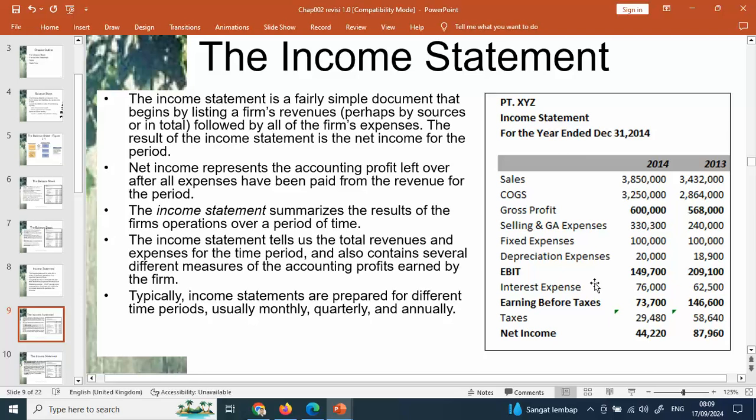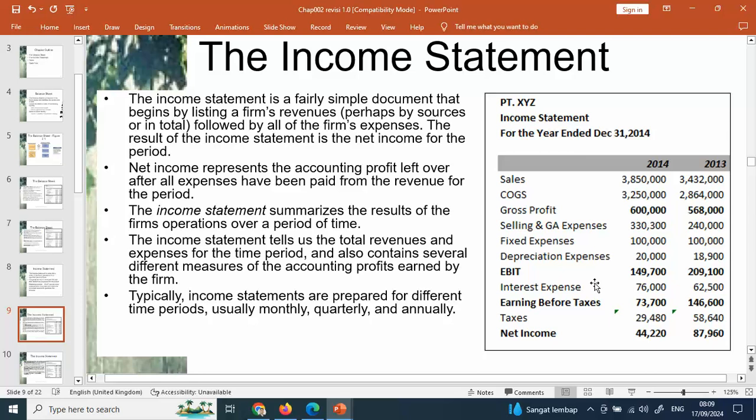Net income represents the accounting profit left over after all the expenses have been paid from the revenue of the period.